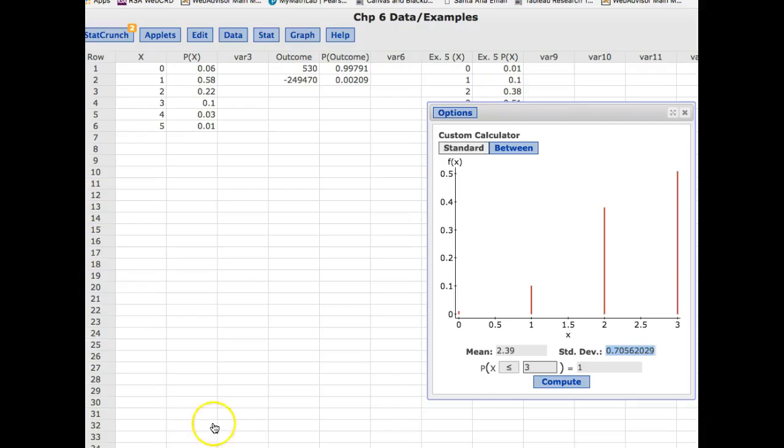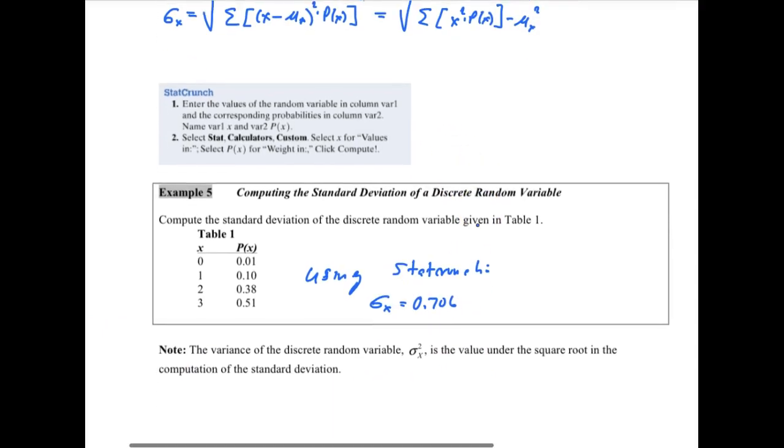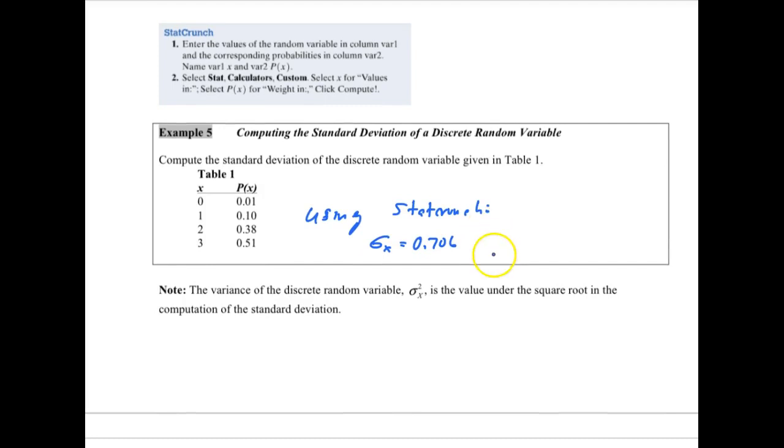We get a standard deviation of 0.706. And so that's how we calculate standard deviation for random variables, discrete random variables.